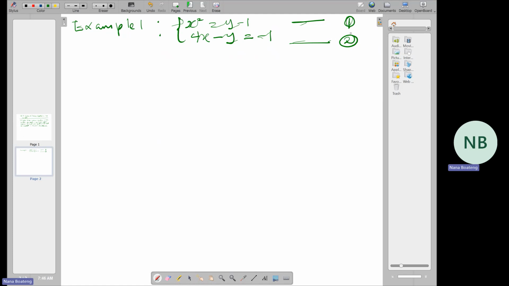To solve this system, from equation 1, if we add 1 on both sides, we have y is equal to x squared plus 1. If we can write y in terms of x, then we can substitute this into equation 2.